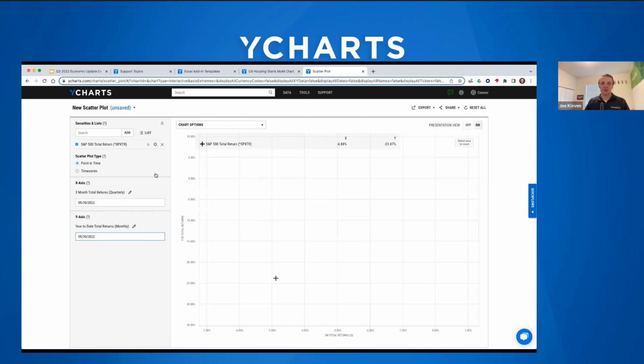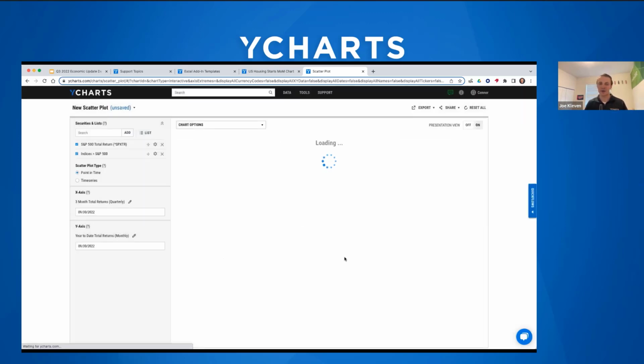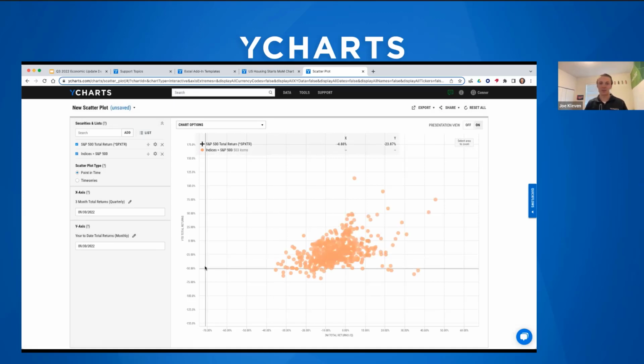And lastly, using the list feature, we'll pull in the S&P 500 index, which will then automatically import all 500 and change S&P 500 constituents into the scatter plot in a single view. And in just a couple seconds, just like that, you've got yourself the scatter plot.